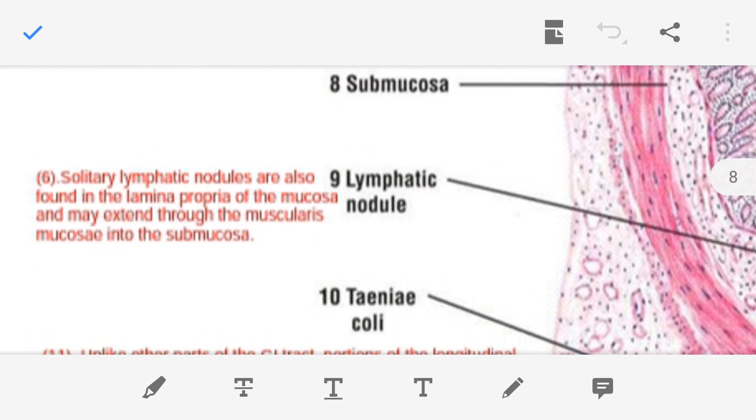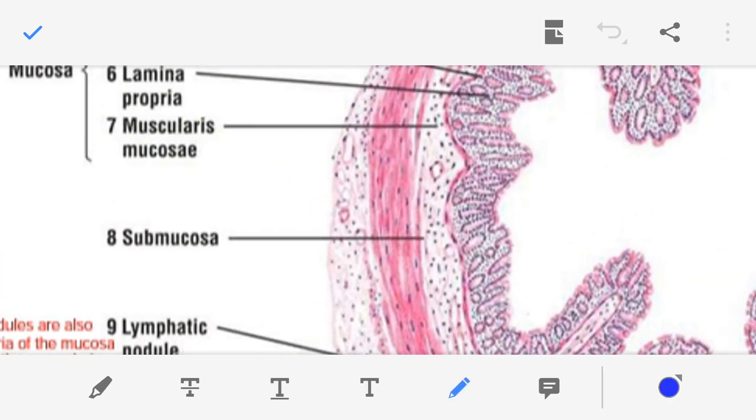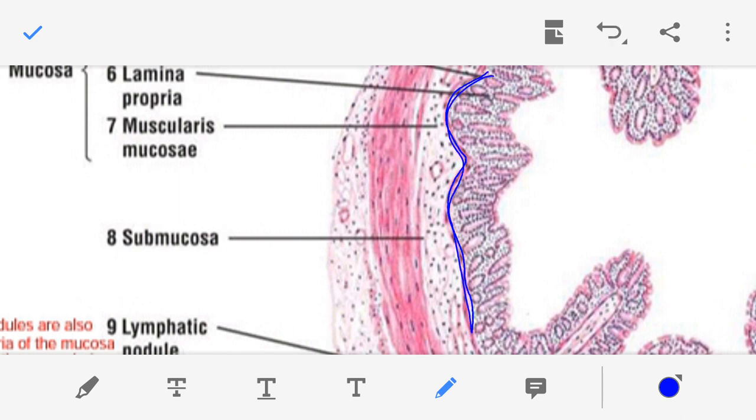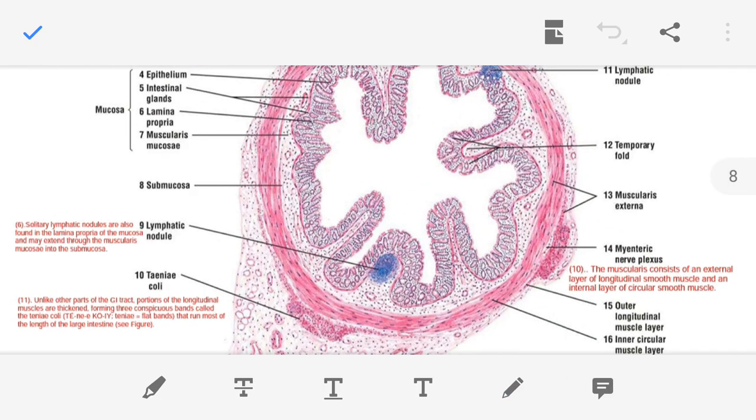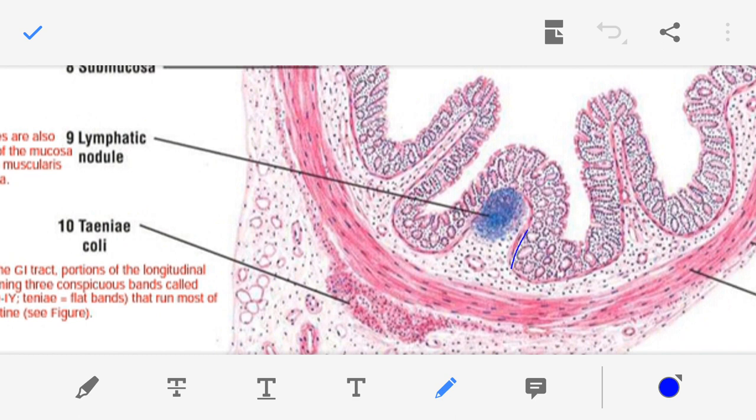So first, this one is the muscularis mucosa, and this one is the submucosa.